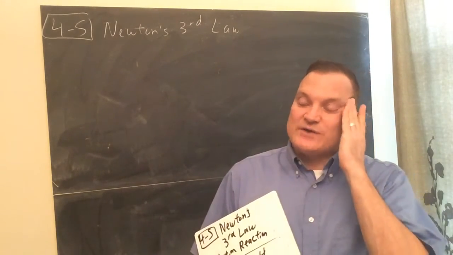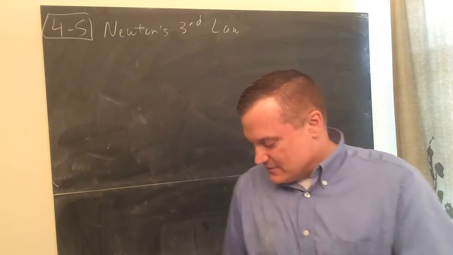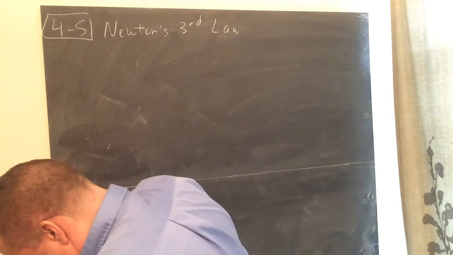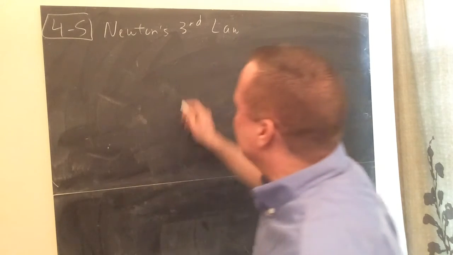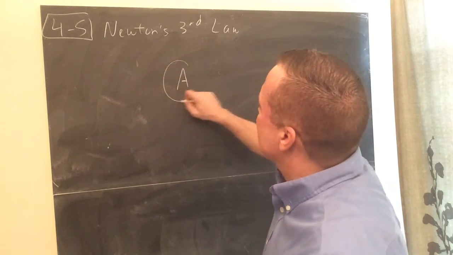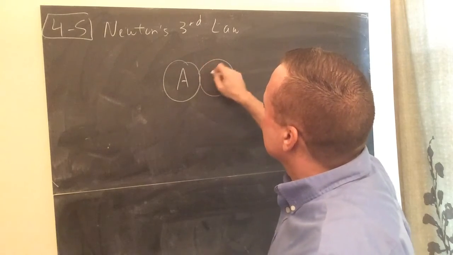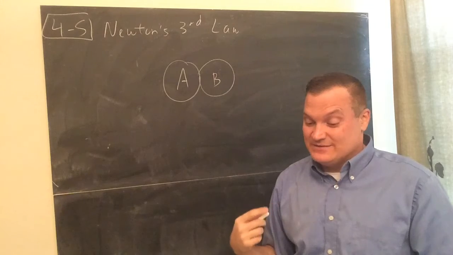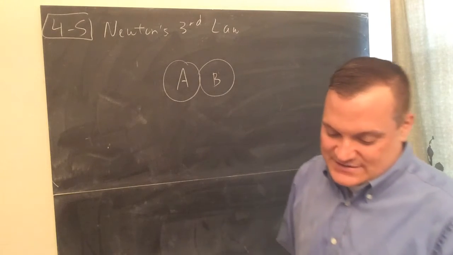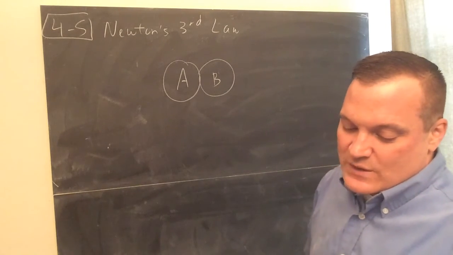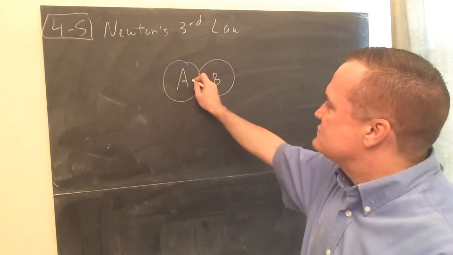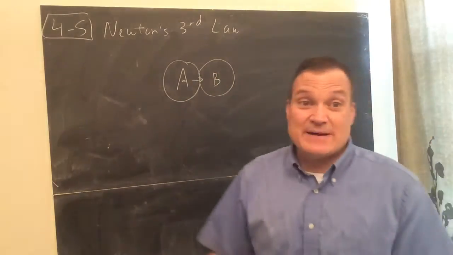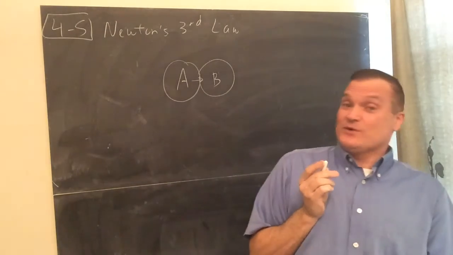The third one is called action-reaction, and you probably have heard about this before. Here's the way I like to state it. Let's say that object A collides with object B. Whenever one object, like A, exerts a force on the other object, obviously if somebody ran into you, they would be putting a force on you.